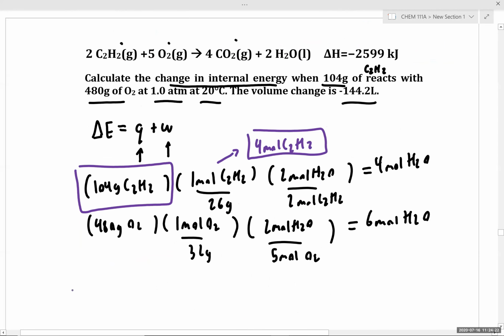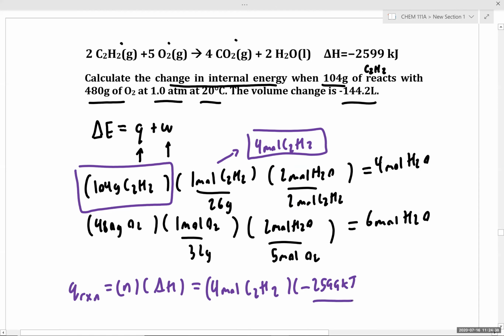to calculate the heat of reaction, we're going to take the moles of our limiting reagent times the enthalpy. We have 4 moles of acetylene, and we know that we have 2,599 kilojoules of heat generated for how many moles of acetylene that react.